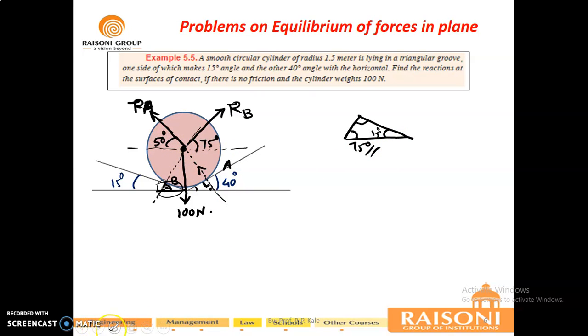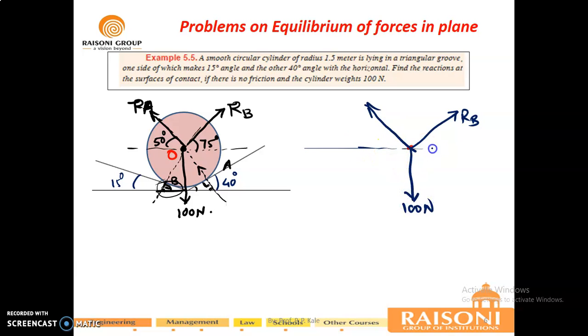So considering a separate free body only showing the forces of this circular cylinder at this point O, it will look like this. This is RB, this will be your RA, this will be 100 Newton. Now you know its inclination with respect to horizontal. This is 75°, this is 50°, this will be 90, this will be 90.